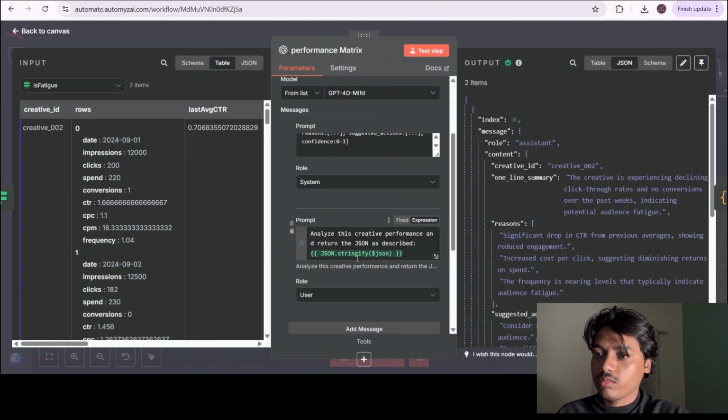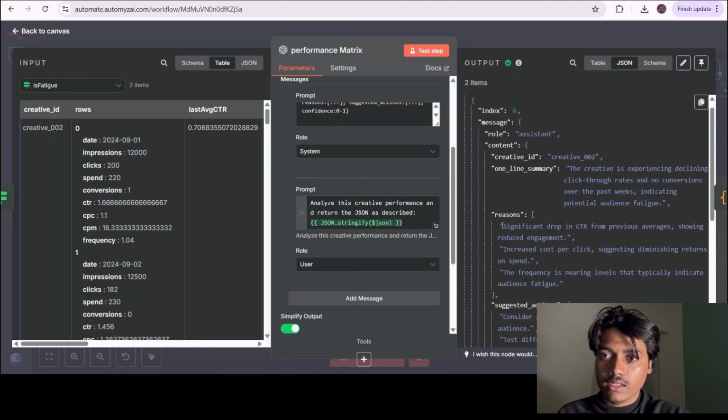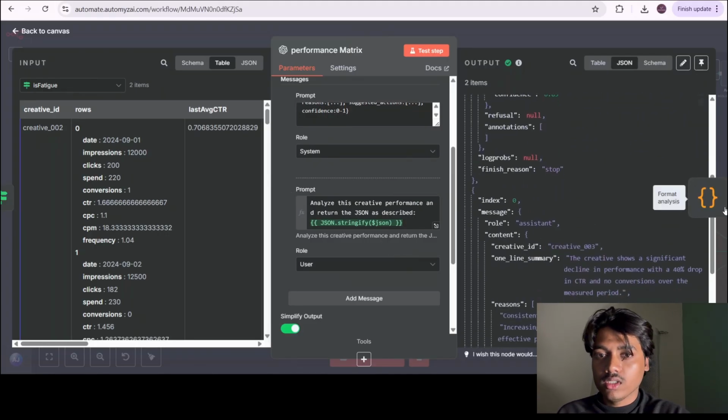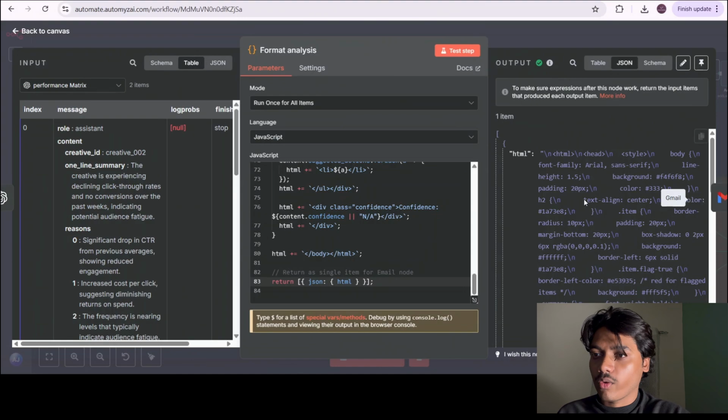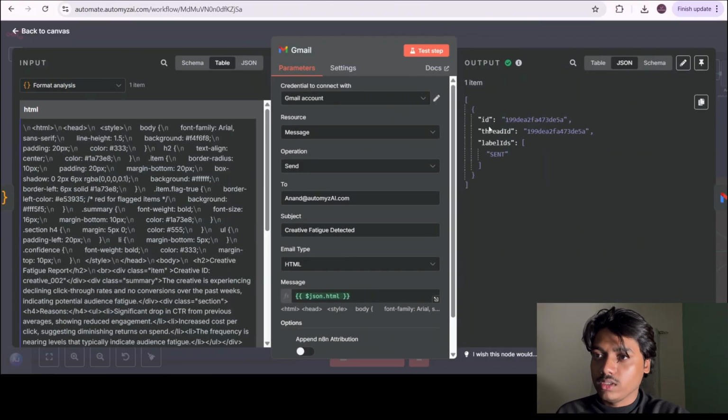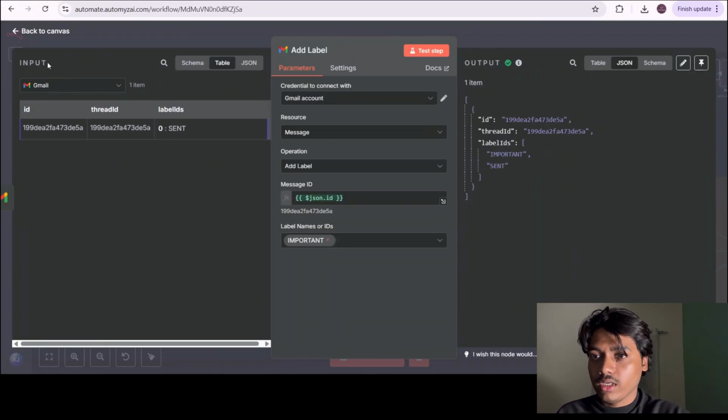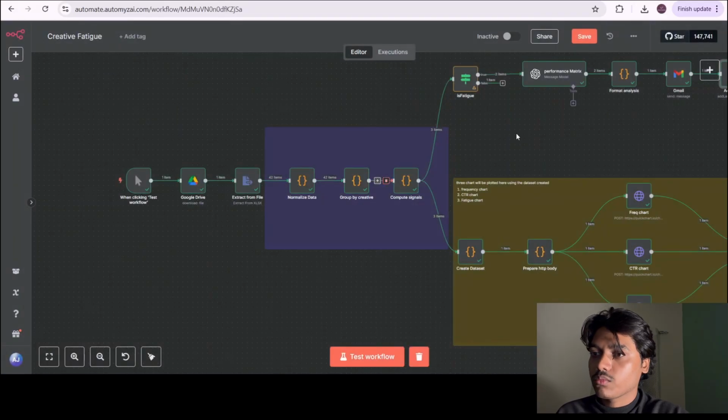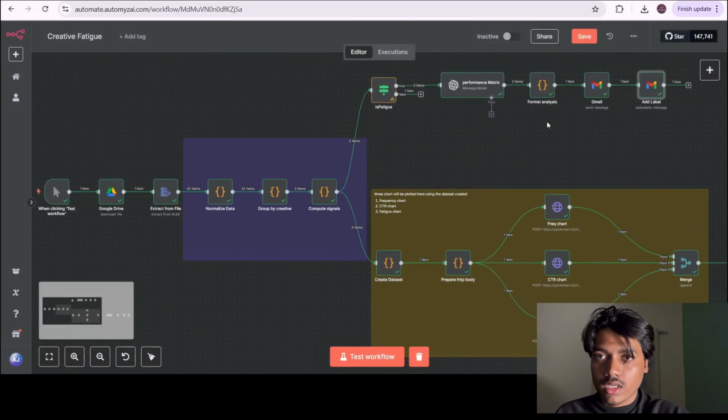So this is the system prompt, this is the user prompt, and this is the output which is given to us. Then in the next step, we have formatted this in a proper structure to be shown in our inbox. Then we have sent that email, and we have added one label as important to that. So this is how the fatigue alert is sent.